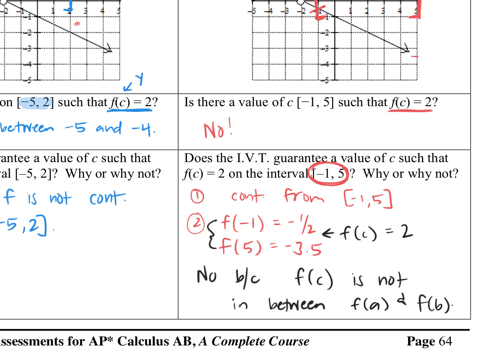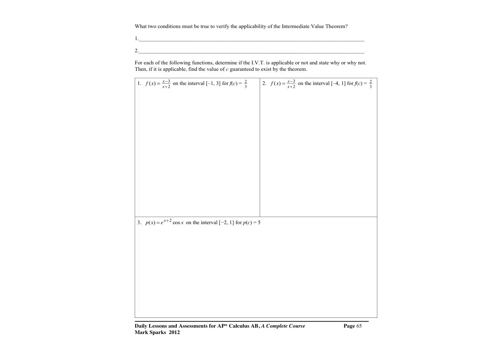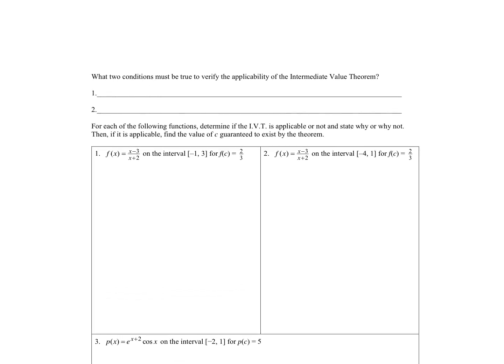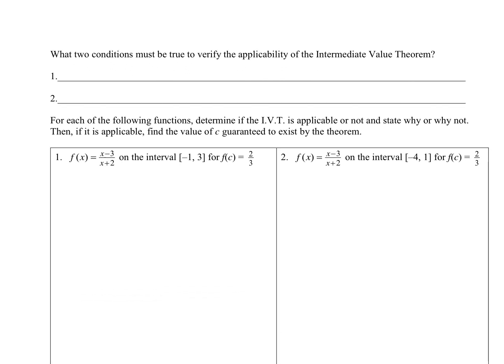All right, on the second page, we're going to list those 2 conditions again that we have to check. Okay, our first condition, in order for us to verify we're able to use the intermediate value theorem, is what? The function is continuous.